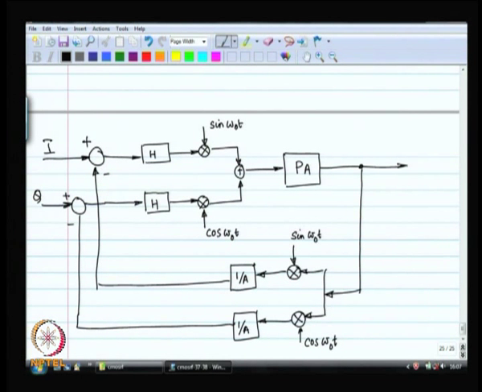So, this is a modification of the previous architecture to accommodate for in band and quadrature phase.